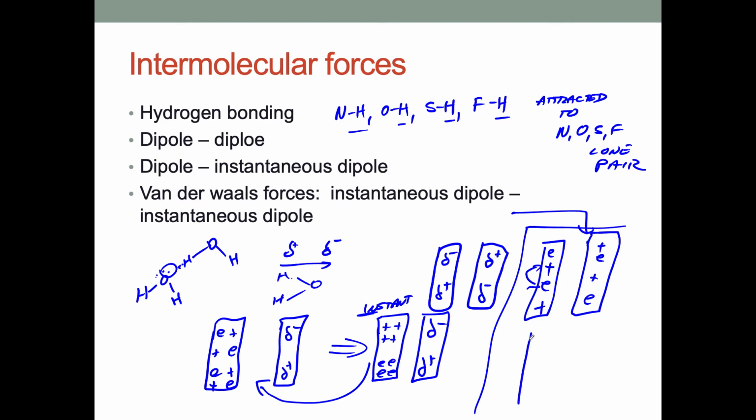So we end up with electron, electron, positive, positive, and this will introduce a dipole here temporarily. It's one of the weakest forces, but it's also size dependent, meaning that as the size increases, the stronger the van der Waals forces are. The more movable the chain is, the higher the strength of the van der Waals forces. So those are the four intermolecular forces.